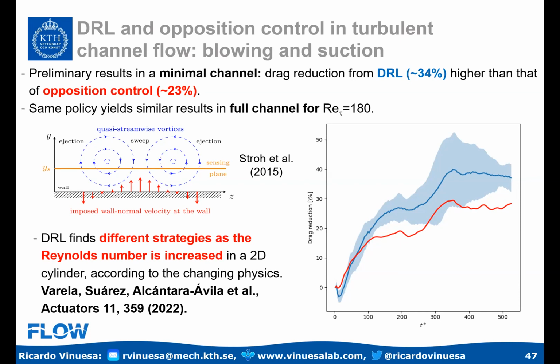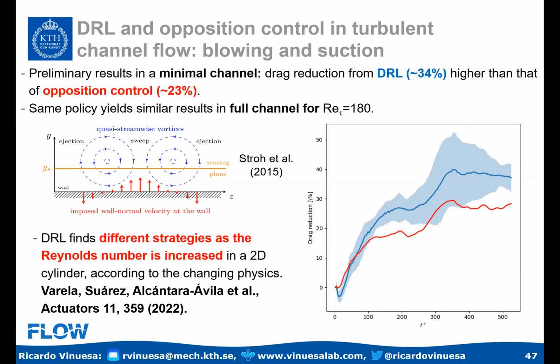The idea is good because you want to attenuate the turbulent fluctuations, but this model is a bit crude, no? It's a little bit too simple. So what we did was set up a channel where each grid point had its own possibility to set up its own control, and that was optimized by reinforcement learning. We did it first in a minimal channel at Re_tau 180, and we obtained 23% drag reduction with opposition control, and 34% with reinforcement learning.